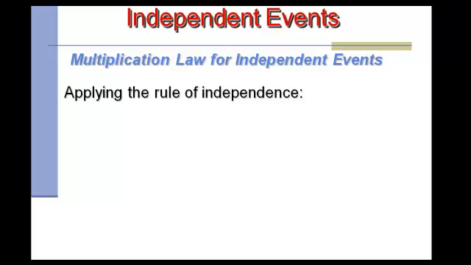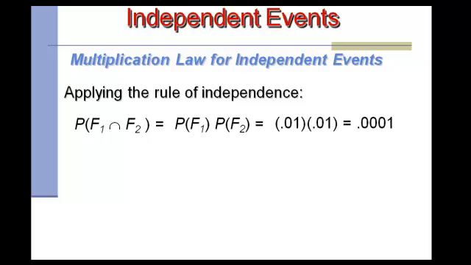So the probability of the first server failing and the second server failing would be the probability of the first server failing times the probability of the second server failing. And since they've got a 99% reliability rating, the probability of failure of 1 is 0.01.